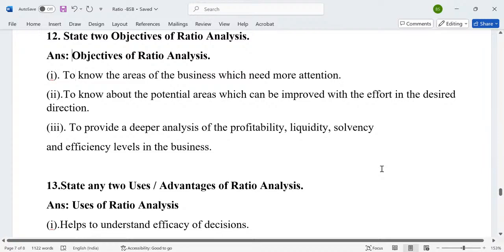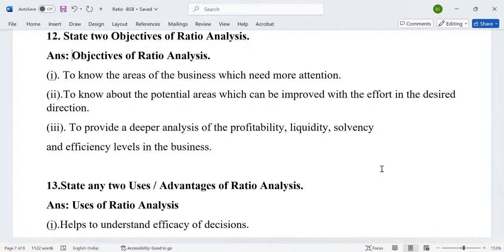Question number 12. State the two objectives of ratio analysis. What are the main purposes? Objective number 1, to know the area of the business which needs more attention. Suppose in any area there is weakness, we have to give more attention in that area.